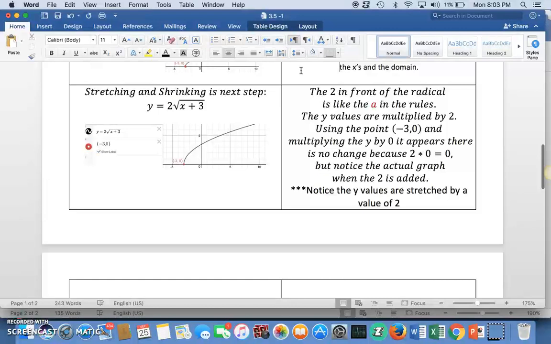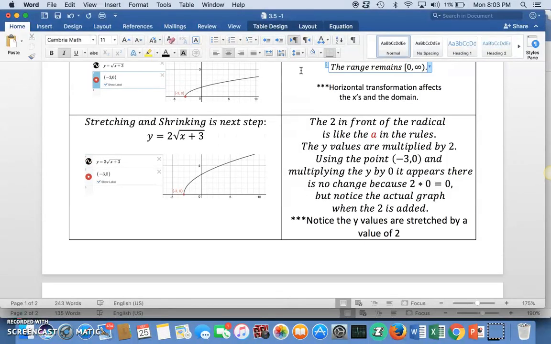But if you look at the whole thing, you'll see that it's stretched up more, crossing between 1 and 2, and then this one crosses between 3 and 4. So it has had a vertical stretch.